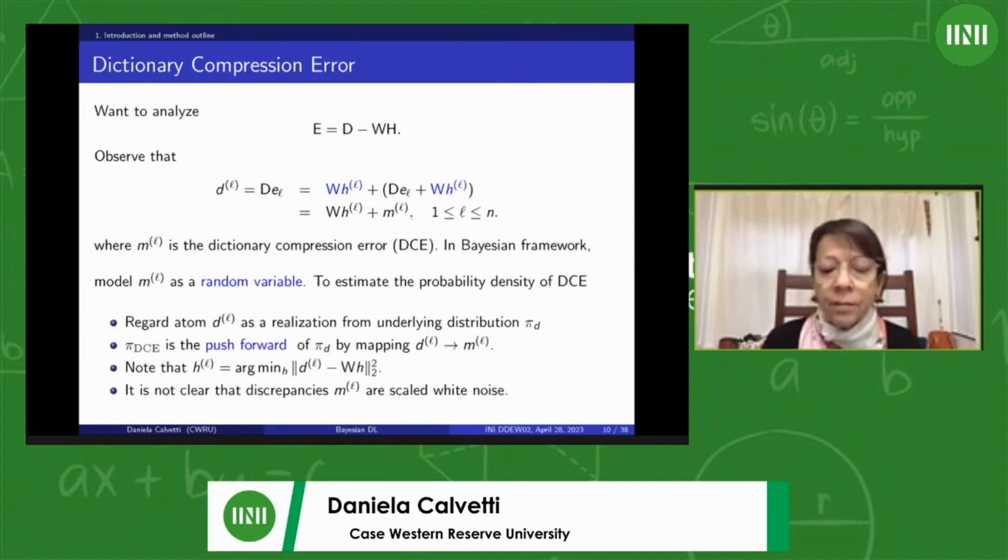So now, what is pretty clear is that with this compression of the dictionary, we're introducing an error E, and I'm going to refer to this as the dictionary compression error in the rest of this. And we want to study this a little bit.